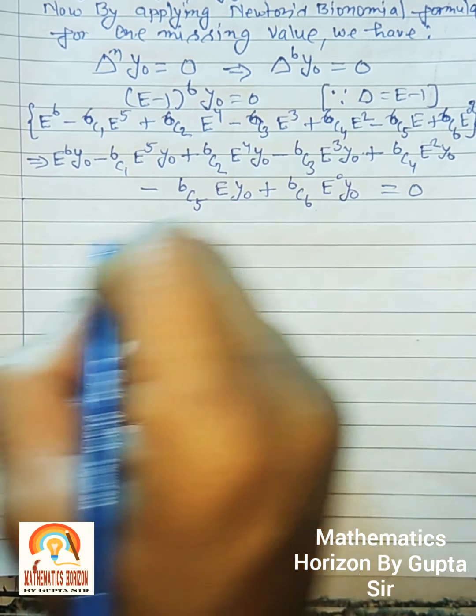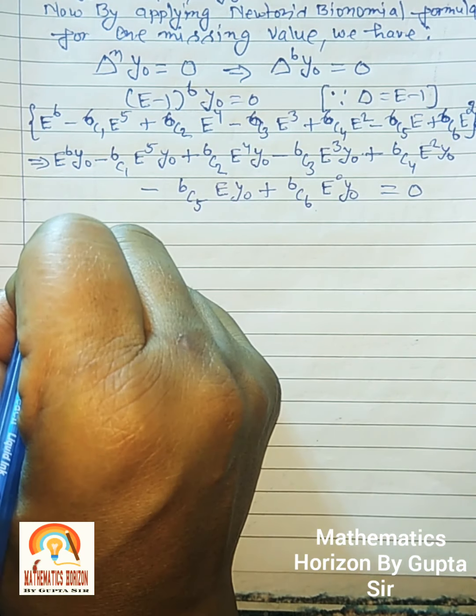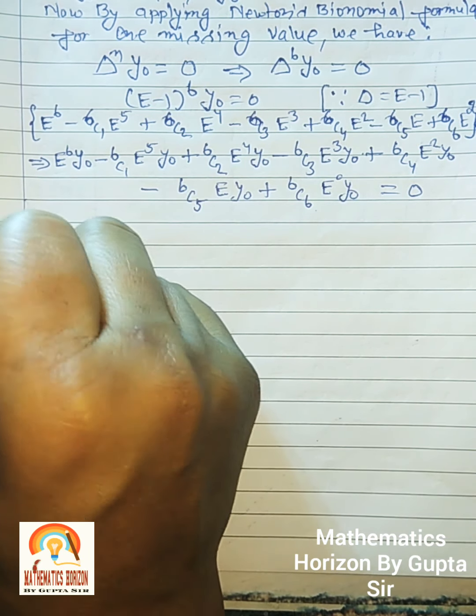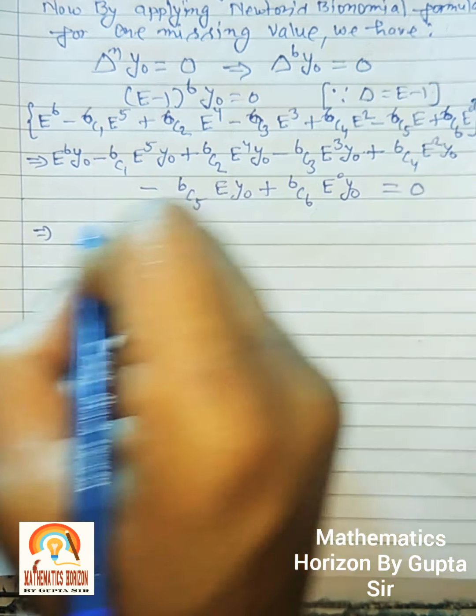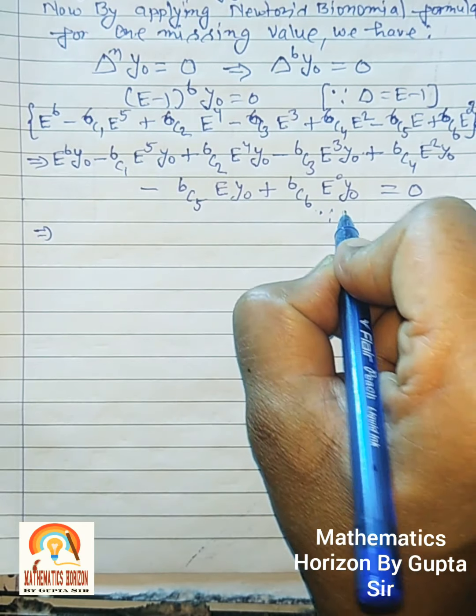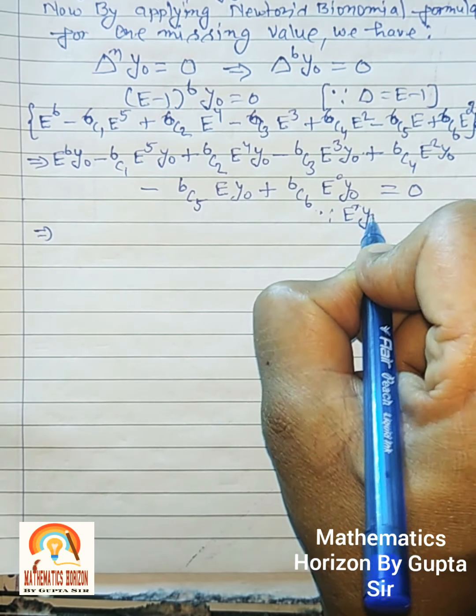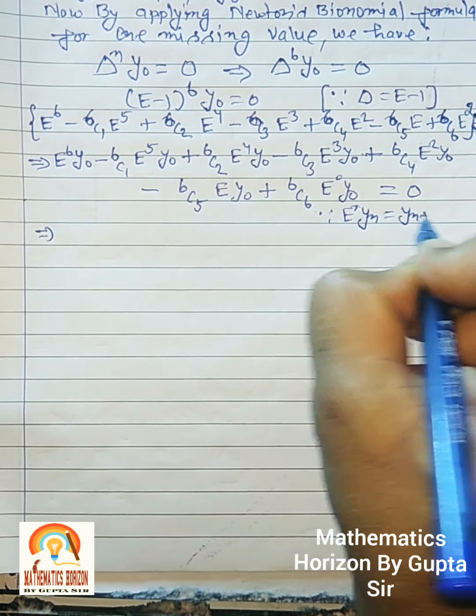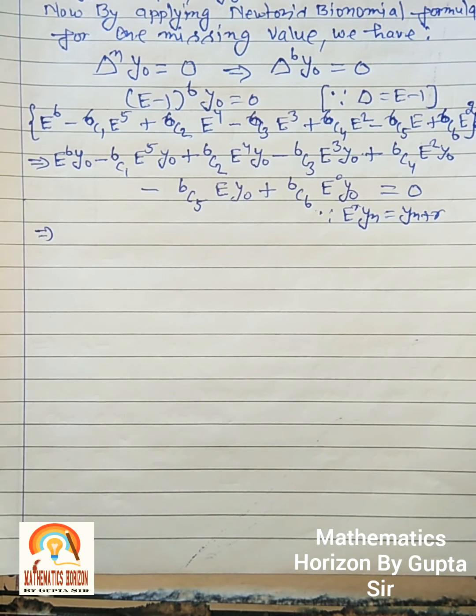Now by applying the shifting property, we know that e to the power r y n is equal to y n plus r.